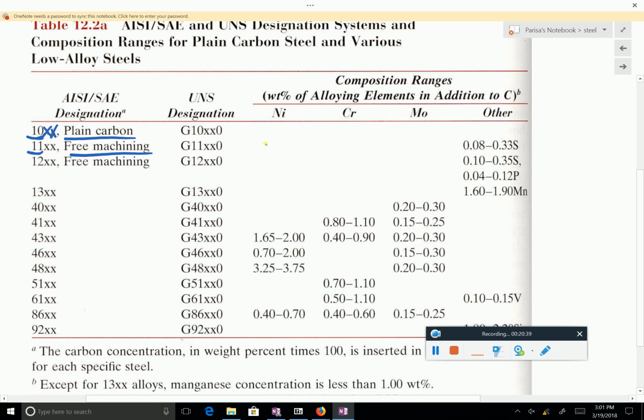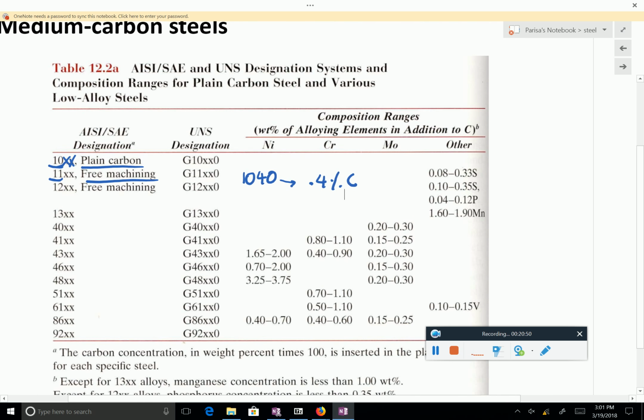So if you have like 1040, it means that you have 0.4% carbon, something like that. And there are tables like that issued by different organizations where you can see the properties of different steel. Think about it as a catalog, really. You have a catalog of materials for steel to choose from.